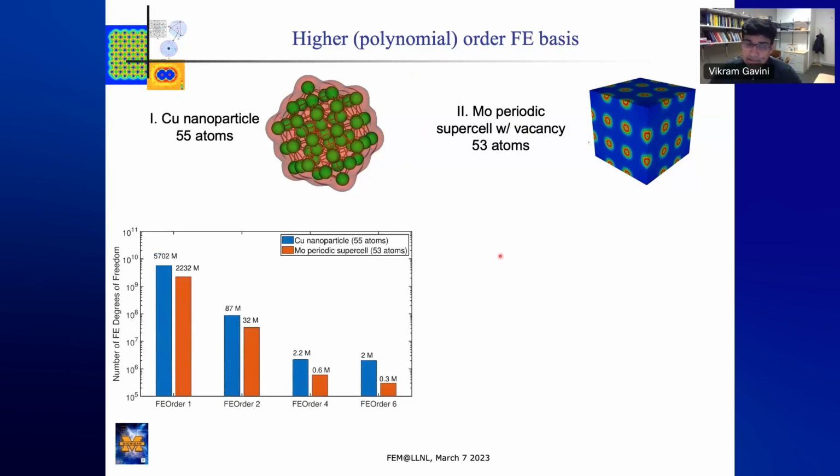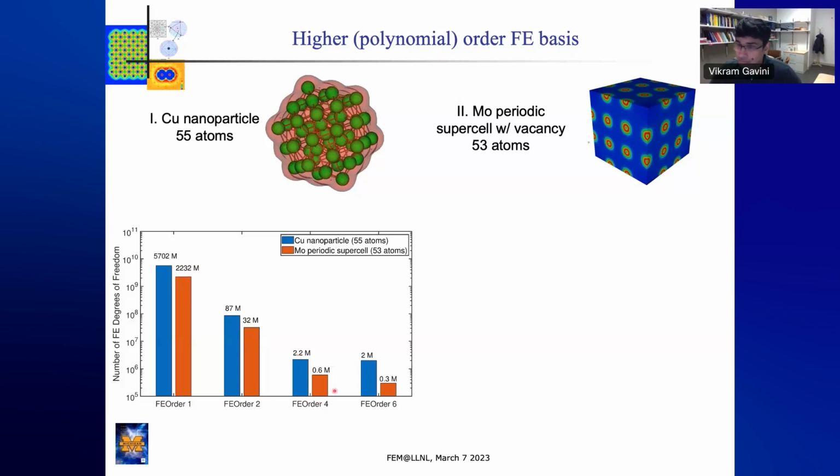Here I'm showing the number of finite element degrees of freedom that one would need as a function of the polynomial order to get to chemical accuracy. As you can see, even for roughly a 50 atom simulation, one would need almost 5 billion degrees of freedom to get to chemical accuracy for this copper nanoparticle. But if you go to a fourth order finite element and beyond, that reduces by almost 1,000-fold.